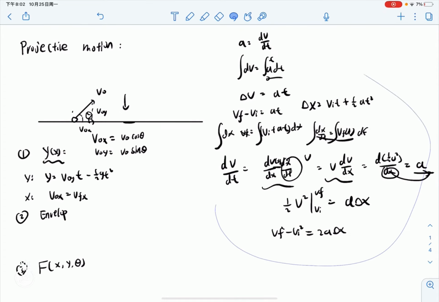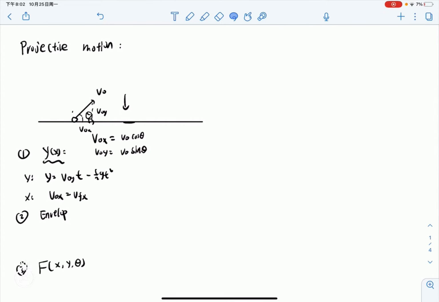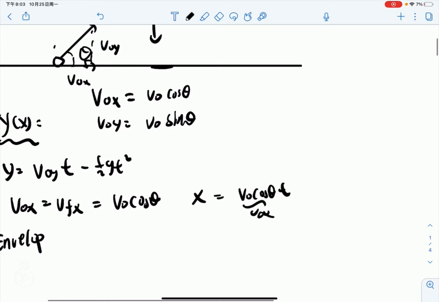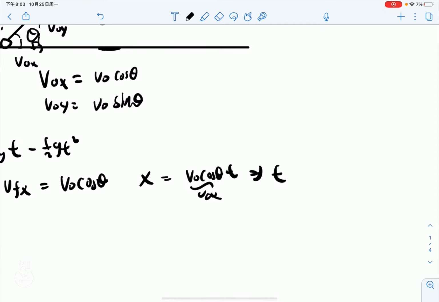Thus, let me erase it. Which is equal to v0 cosine theta. And we know that x is equal to v0 cosine theta t, and this is v0x. So t can be written as a function of x, which is t is equal to x divided by v0 cosine theta.